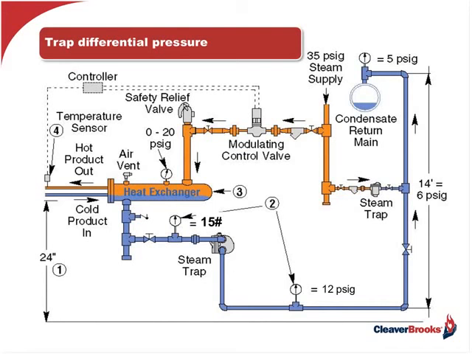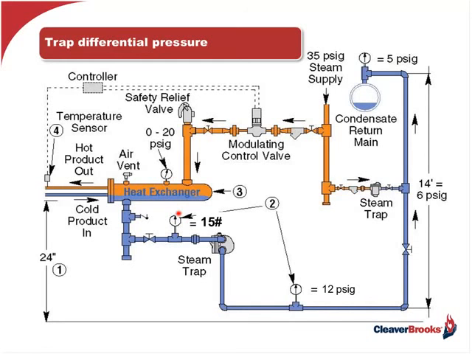Let's start by referring to the drawing on the screen, where you are recovering condensate from a shell and tube heater. As you can see, I have about 15 pounds right here at the trap inlet and require approximately 12 pounds to overcome the vertical lift and the pressure in my condensate return line.